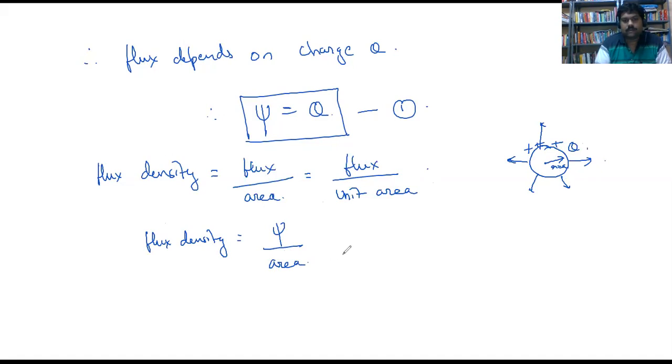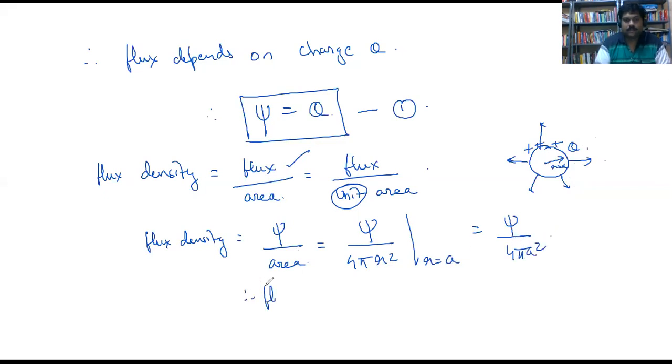The unit area is extra, we can just remove it, it means the same and is redundant, but it is more appropriate and is just for information. So this equals xi by the area of this sphere, 4 pi r squared. Evaluated at the radius r equal to a, what do you get? Xi by 4 pi a squared. So flux density equals xi by 4 pi a squared.